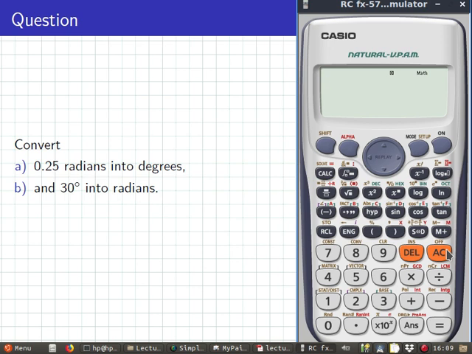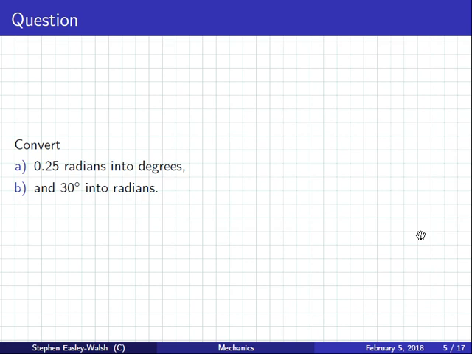So what did you get for the first answer? 14.325. Sounds right. So it's 0.25 times 57.3, which is 14.3 roughly degrees. Now what about the next answer? It's 30 divided by 57.3, so you got 0.52. So about half a radian. Alright, that's okay.